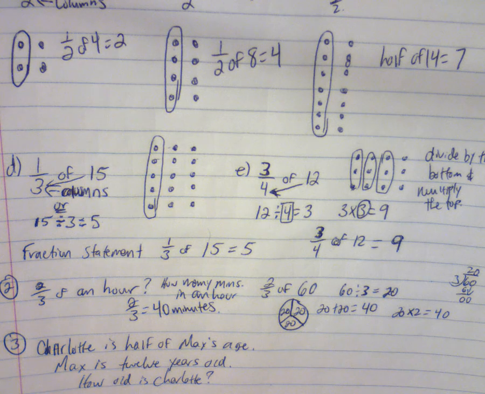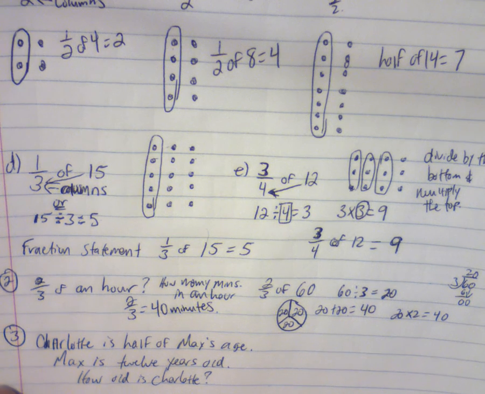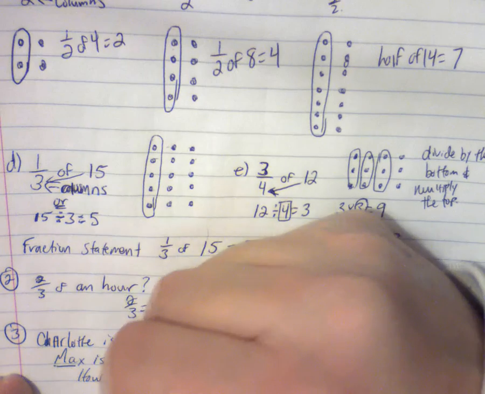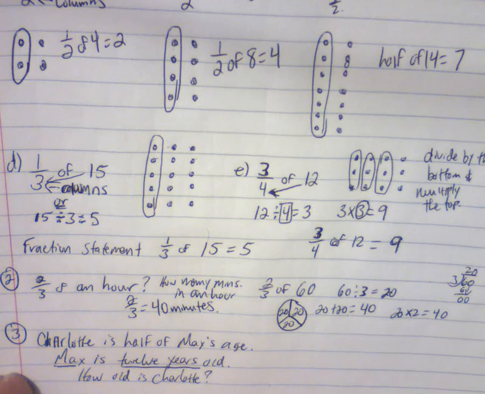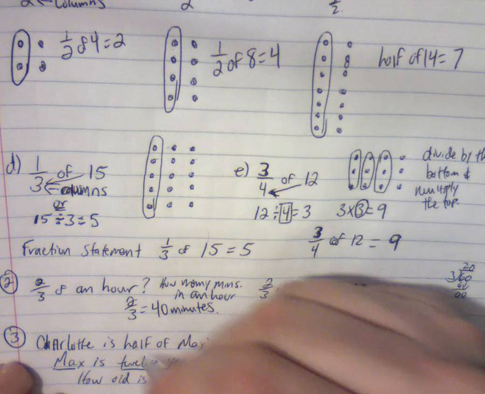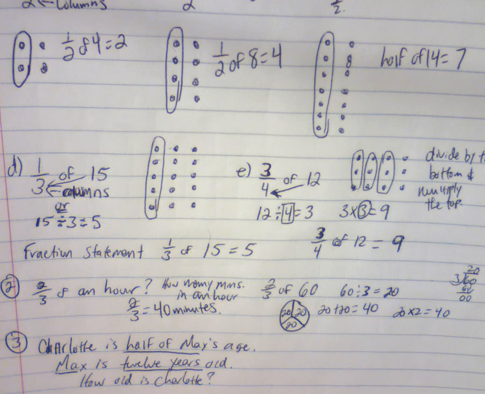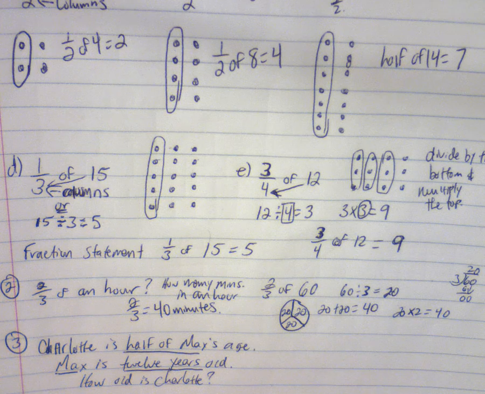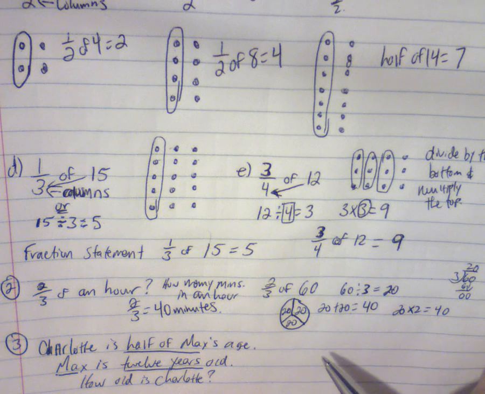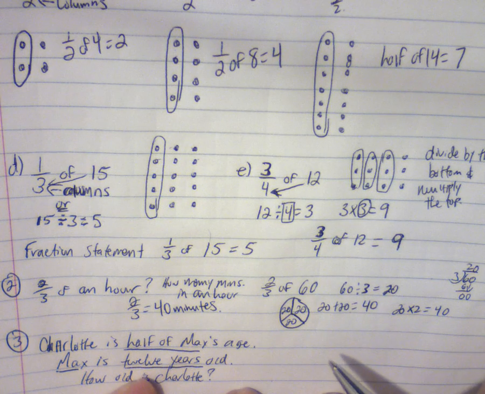So what do we know? We know Max is 12 years old, and we know Charlotte is half of Max's age. So basically we want to figure out what half of 12 is.